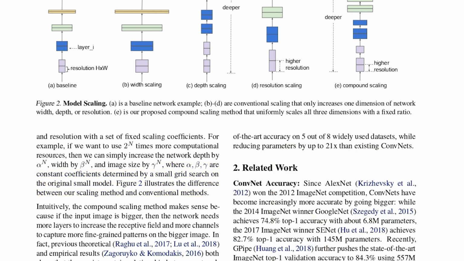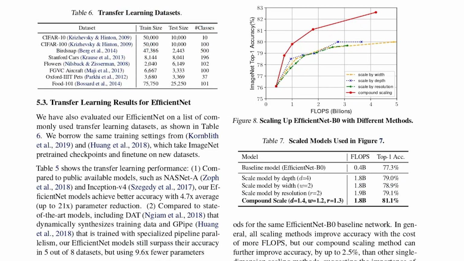Its main purpose is to ensure that the network could grow in capacity without unnecessary complexity. This made it possible to scale up or down the model depending on the available computational resources, achieving a superior performance with fewer resources compared to conventional scaling methods.